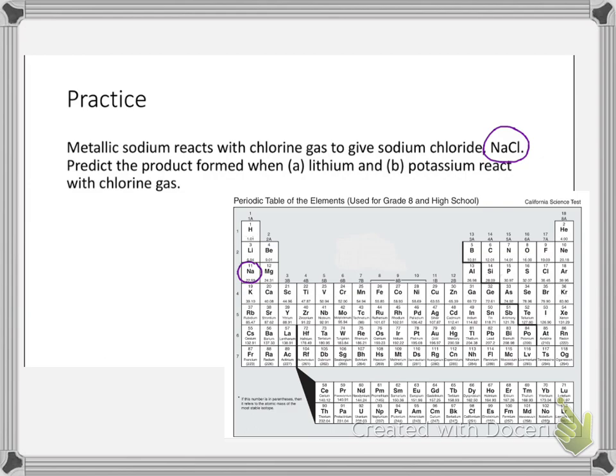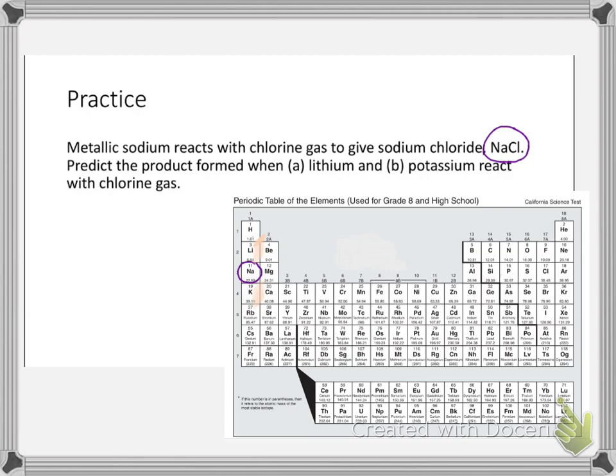Now what they want us to do is predict what will happen when lithium, which is the element above, and potassium, the element below sodium, react with chlorine gas. Predict the formulas. So pause the video now and you try to predict, and then I'm going to give you the answer. Okay.